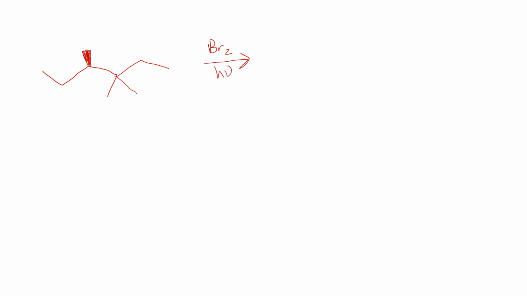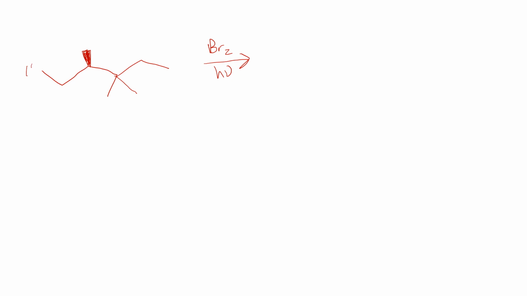So again, what you do is you identify the regiochemical outcome, meaning the hydrogen abstraction which will lead us to the more stable radical.